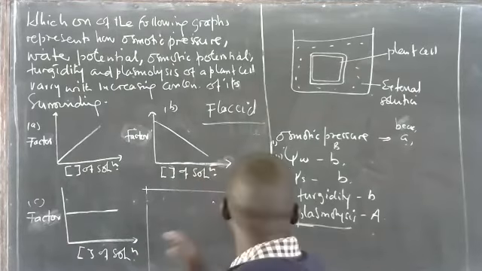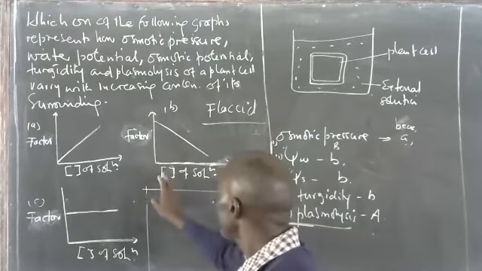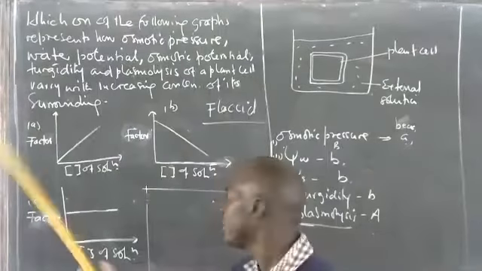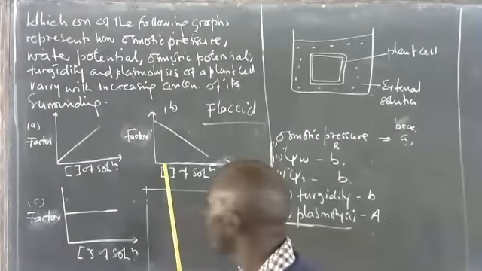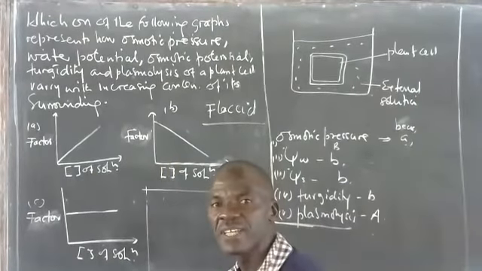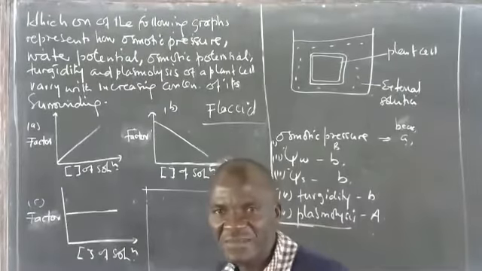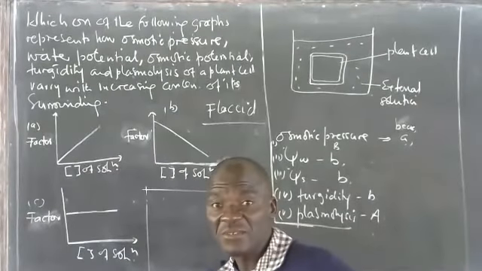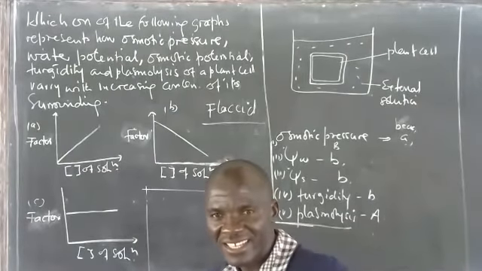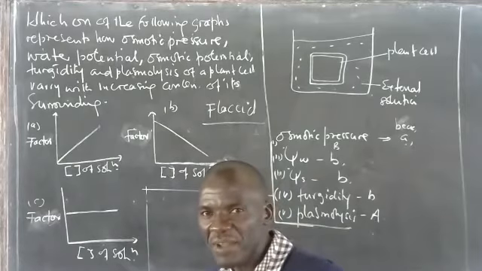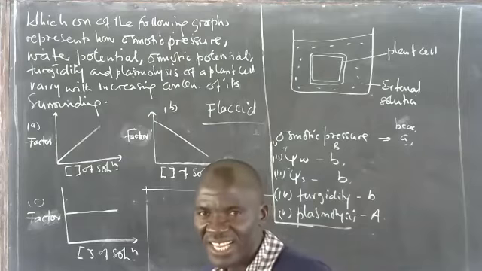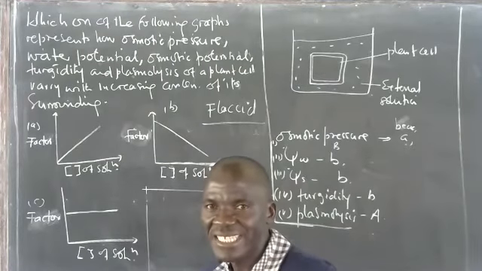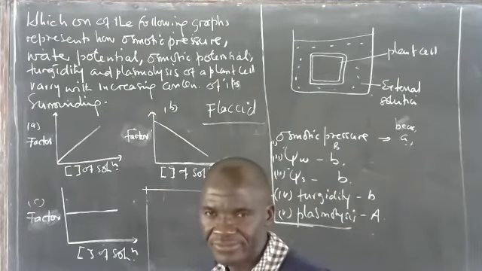The graph will be B. Because at this point, when it's dilute, the cell will be taking in water, and then the vacuole will be enlarging, and the membrane will be expanding, until a time when the wall cannot expand anymore. That's when you can say the cell is turgid.